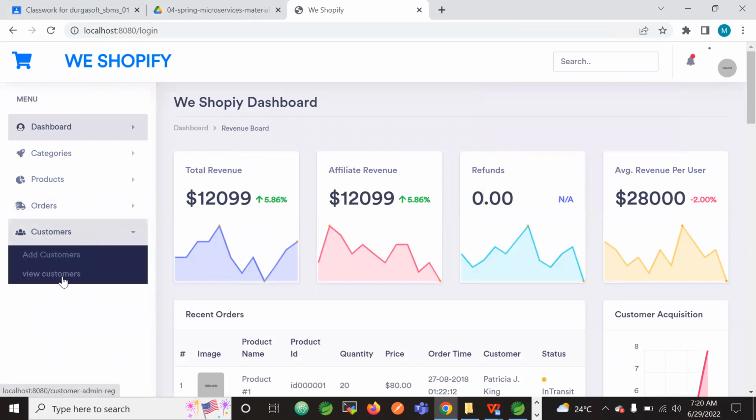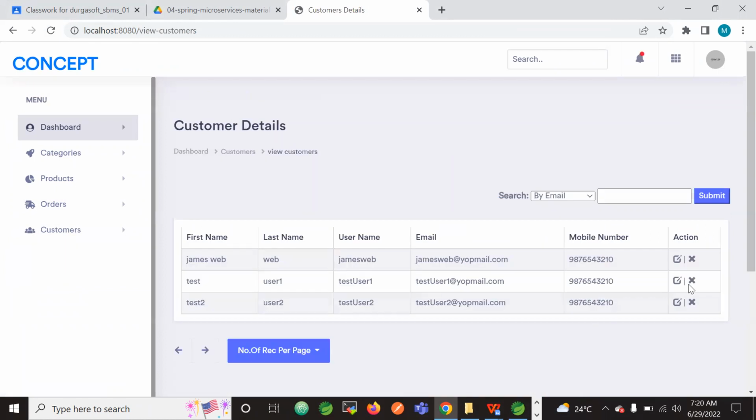In the application, we have the customers. So these are the customers. Assume these customers were created by some other system also. Some franchises we have, and that franchise is also using this application, where the customers will be created in our application by that franchise's application.